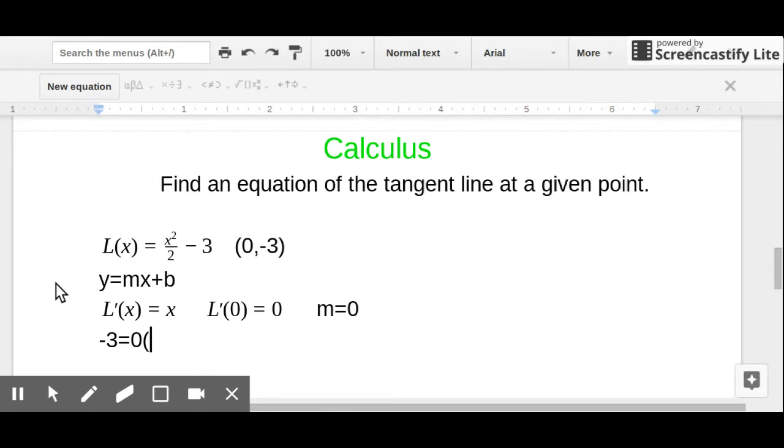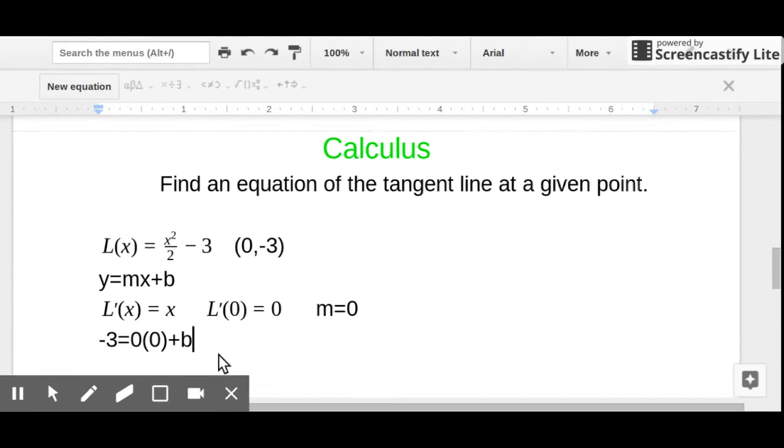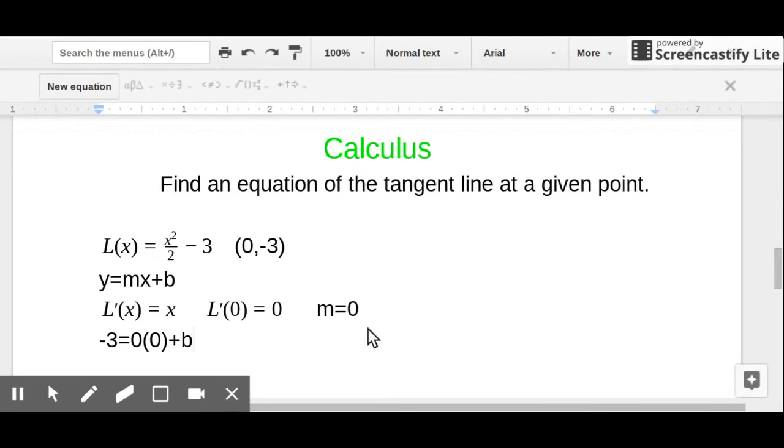And of course 0 is also our x, and then b, well, we don't know what b is, so we'll just say b. Now capital B, that's the same kind of b. So as you can see, that -3 is going to end up equaling b.